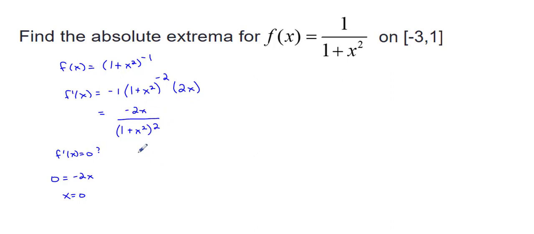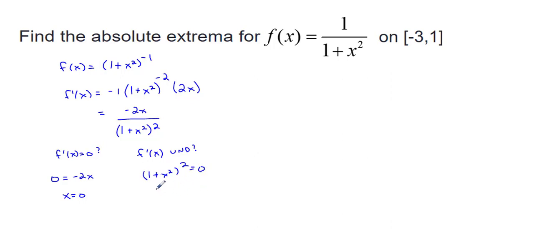All right, when is f prime undefined? Well, it's when the denominator equals 0. Well, in any event, when this inside part is equal to 0, 0 squared is 0, right? Or if you just write it down like this, take the square root of both sides.